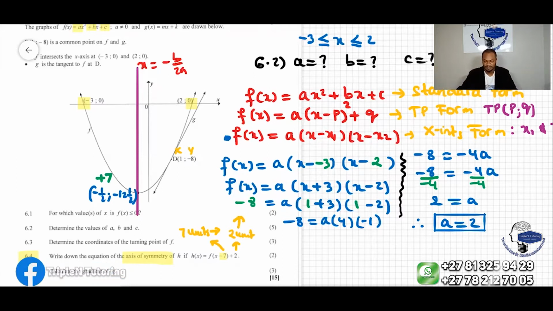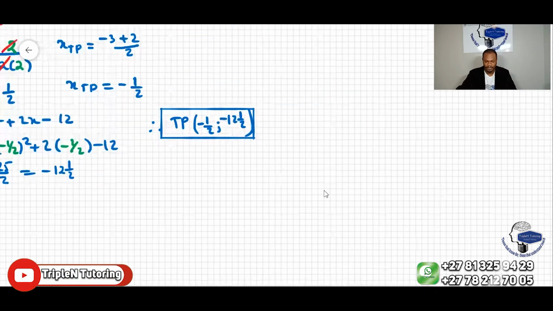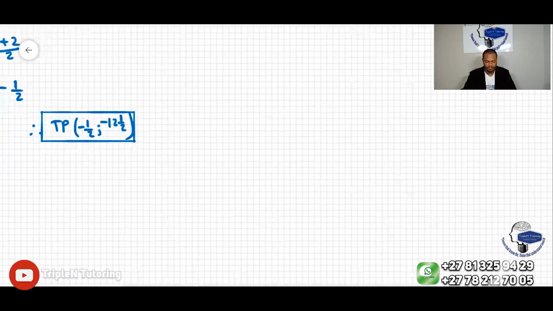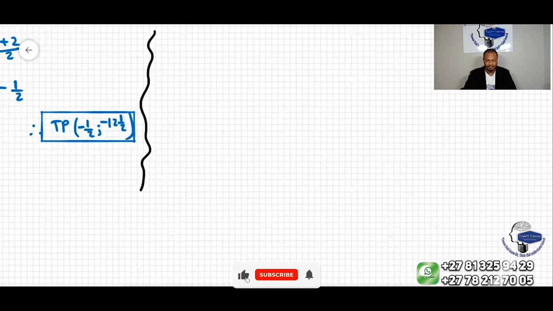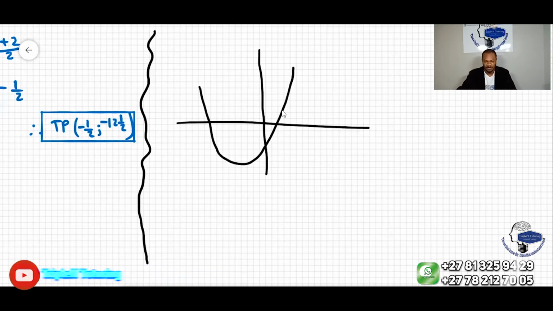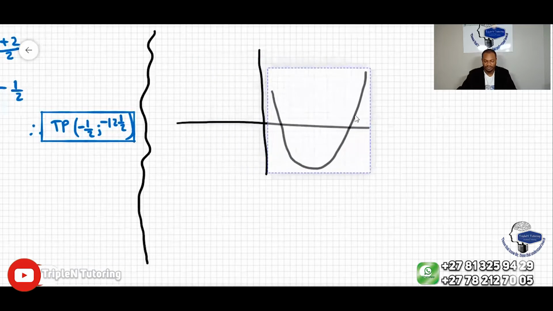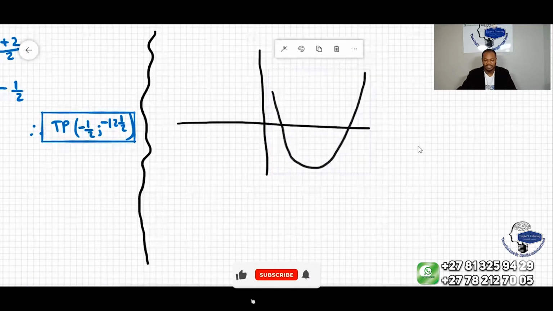Let's say, for instance, this is the parabola, just a rough sketch. We just take this parabola here, which we shift 7 units to the right.